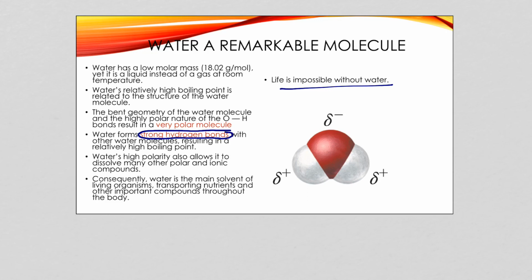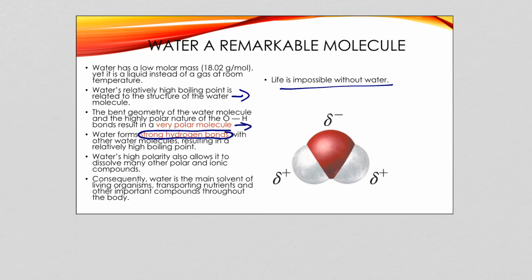Now, it also gives it a high boiling point, right? So because of this, we saw that it has a high boiling point here. It also has a bent geometry. The bent geometry is part of the reason why it can have these hydrogen bonds, because it's very polar.